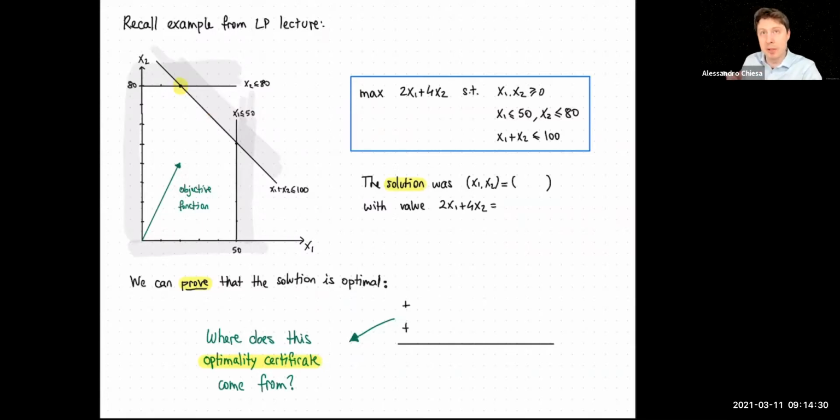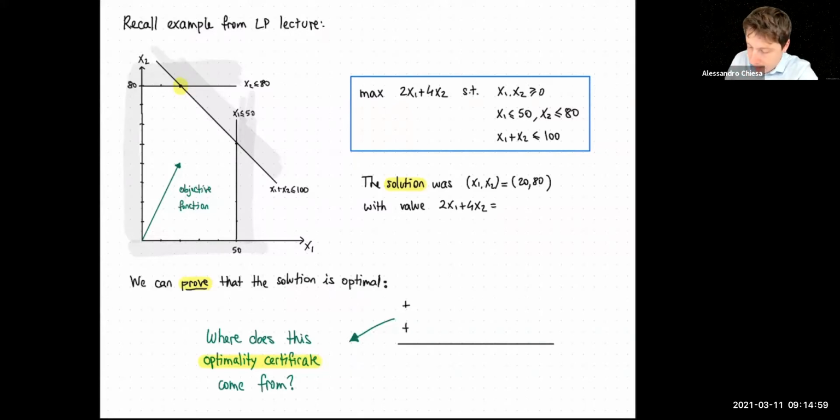And remember, we already talked about the fact that we have this high dimensional polytope. If there is a feasible solution and it's bounded, then one can take it to be one of the vertices of the polytope. So in this case, the solution was x1 and x2 equal to 20 and 80, right?